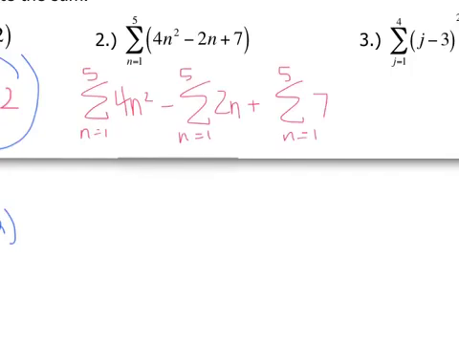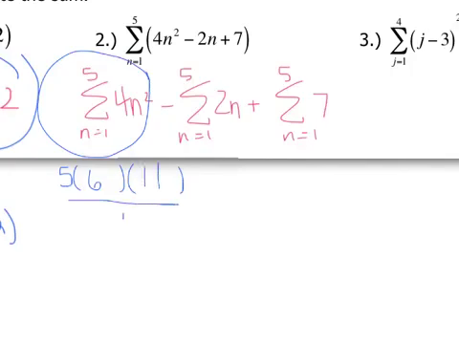All right, let's look at the first summation. Is it constant, linear, or quadratic? Quadratic. So use that quadratic formula. We have n, which is 5, times n plus 1, which is 6, times 2n plus 1, 11, divided by 6.